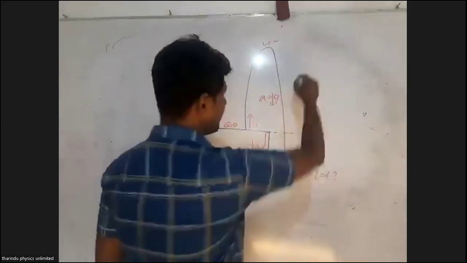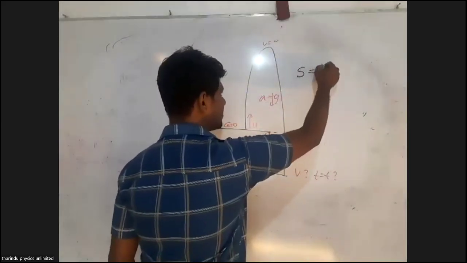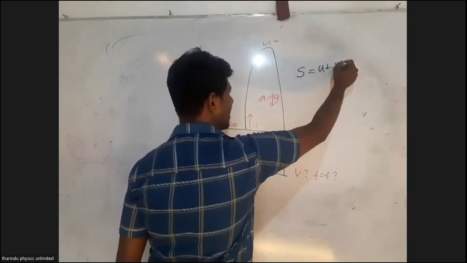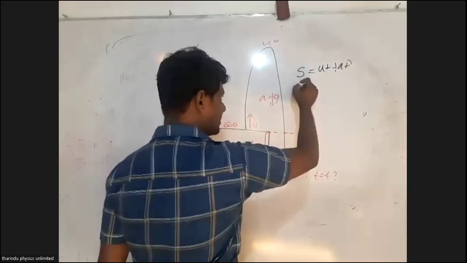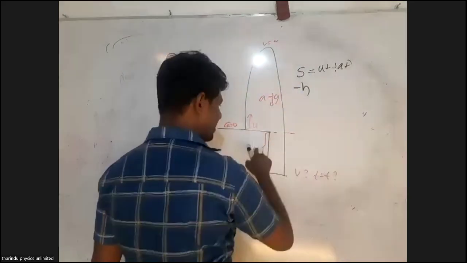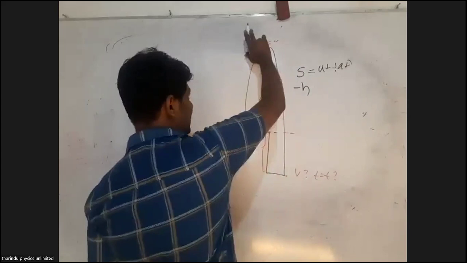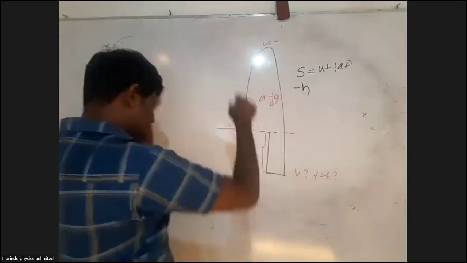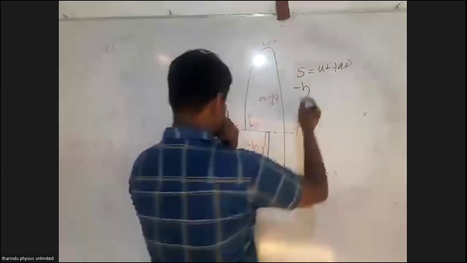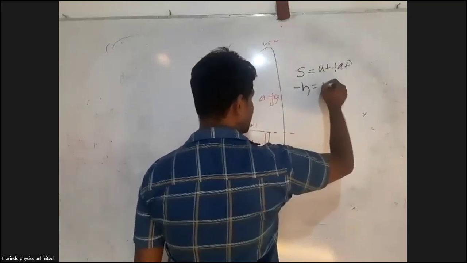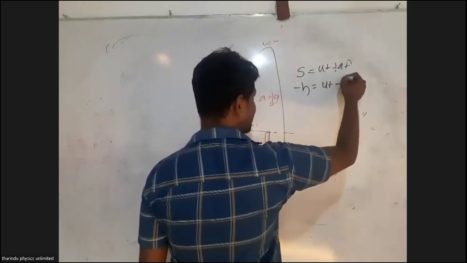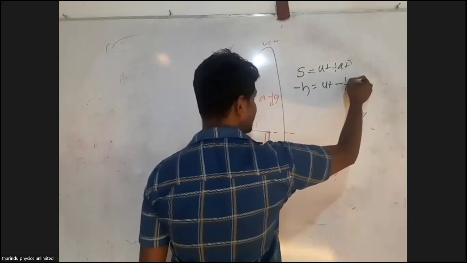So finally, you will have to apply the equation s equals ut plus half at square. So s is negative h, right? Motion is against the positive motion. Initially, you throw upward, that is your positive. Anything downward is negative. Minus h equals ut minus half gt square.